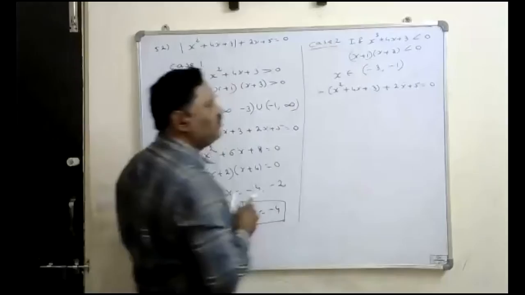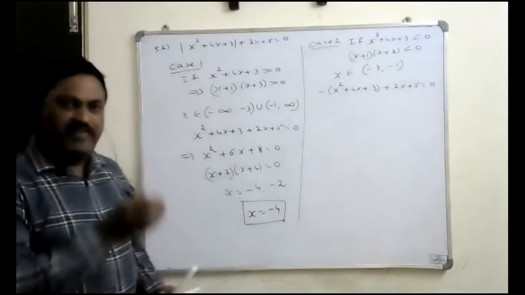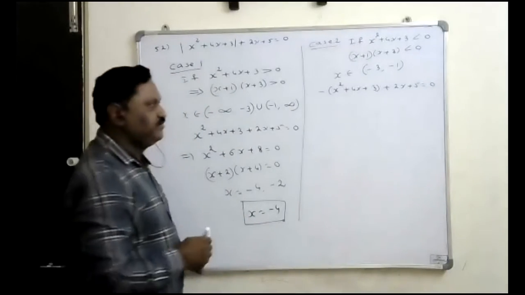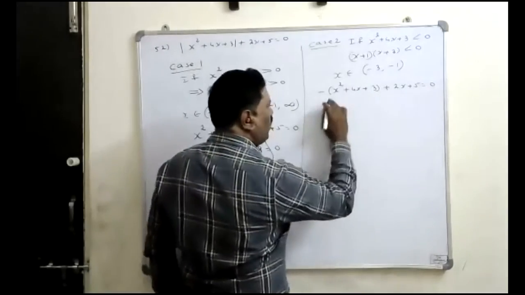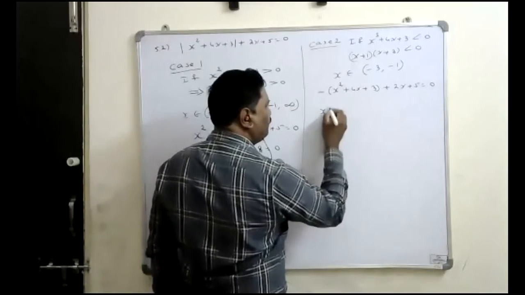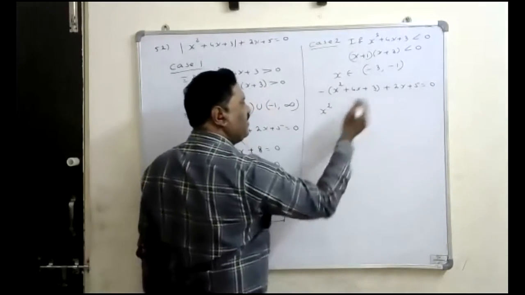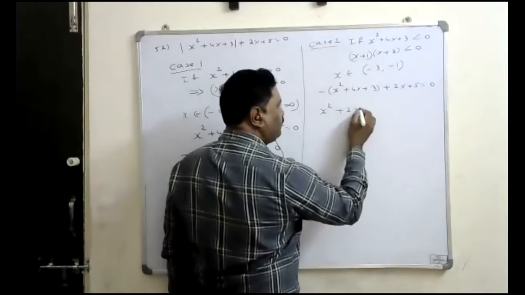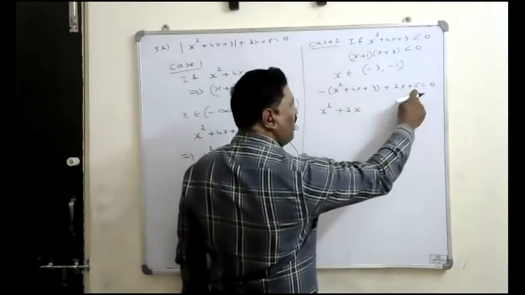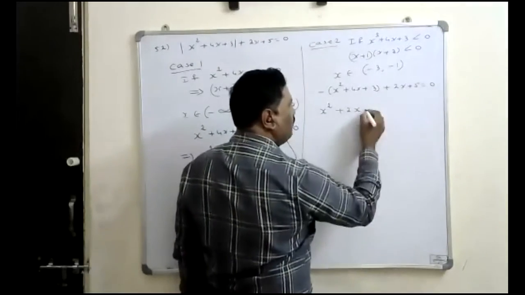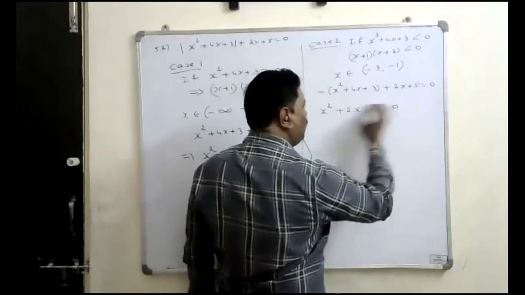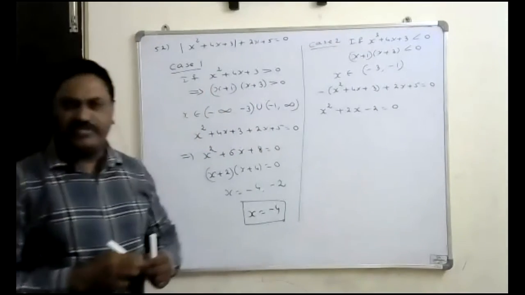So whenever we remove the modulus, we have to take the minus sign when that expression has a negative sign. Then minus x square on the other side, plus x square minus 4x plus 2x means minus 2x, and on the other side plus 2x, minus 3 plus 5 that is plus 2, on the other side minus 2 is equal to 0. This is the quadratic equation we got.